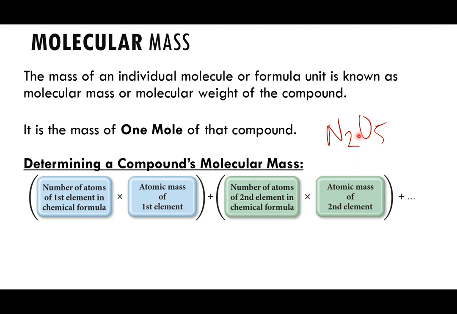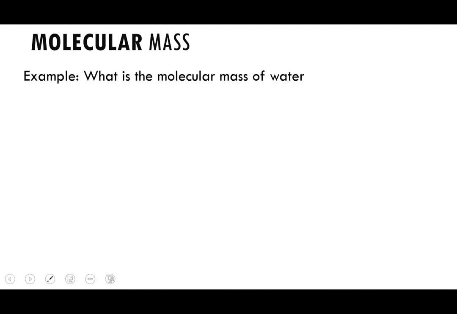So again, go to your periodic table. Oxygen is essentially 16, so 5 times 16. So add those two numbers together. That's the molecular mass of this molecule. And there's a term for each additional element, just in case there's more than 2 atoms. Okay, it's pretty simple. So let's work through an example together.